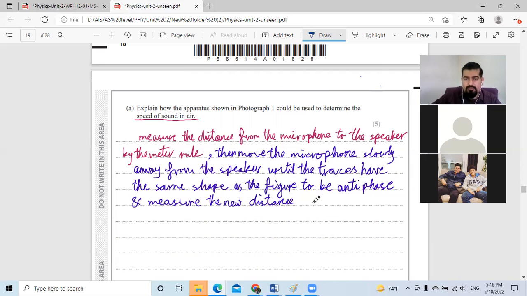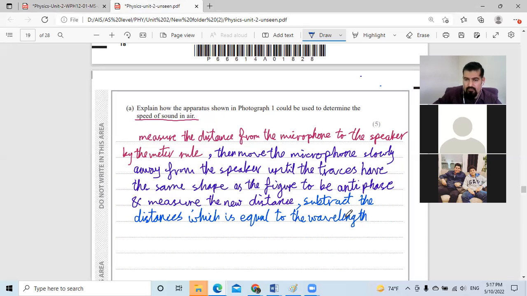Subtract the distances, which is equal to the wavelength of this sound.